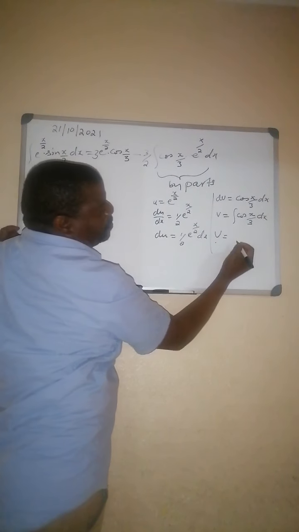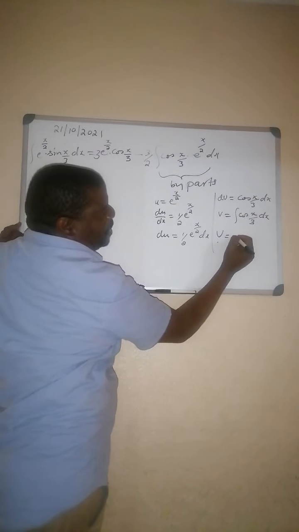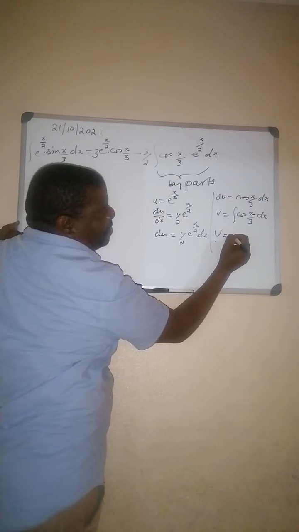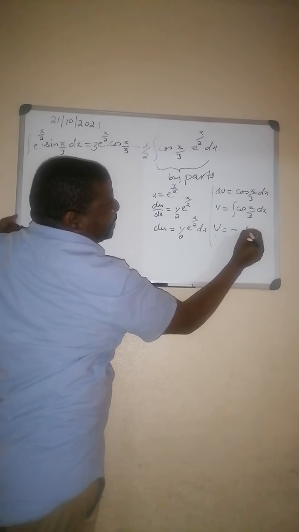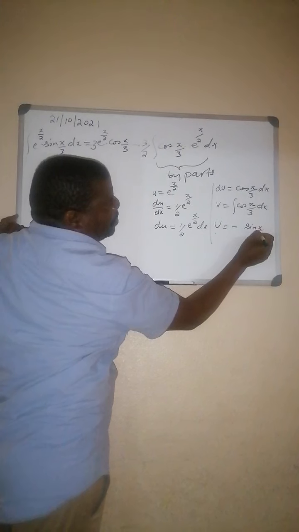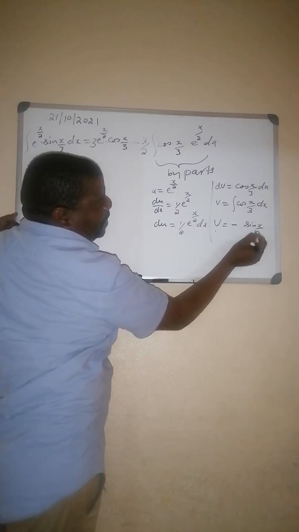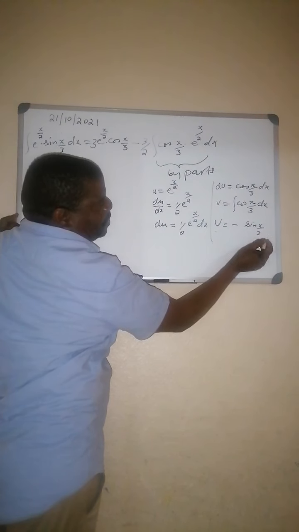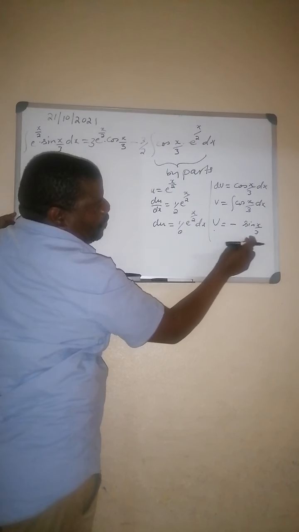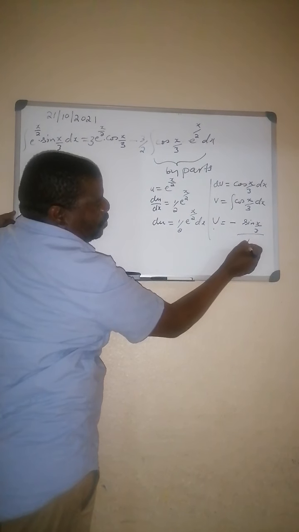Now when you check with the integral here, you realize the integral will be a minus sine x over 3, and if I take care of that, it will be over 1 over 3.